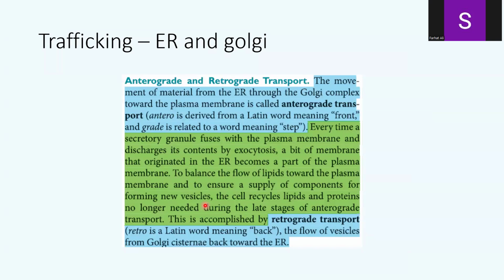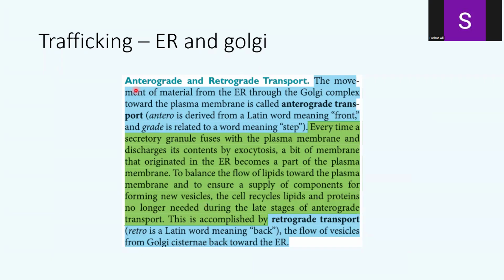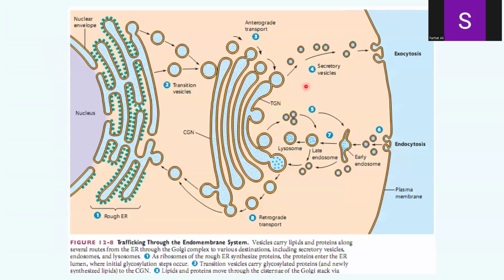So there are two important cycles of movement in the Golgi. These are called anterograde and retrograde. The anterograde movement transports the molecules from the ER to the Golgi to the plasma membrane, and the retrograde is the backward movement.